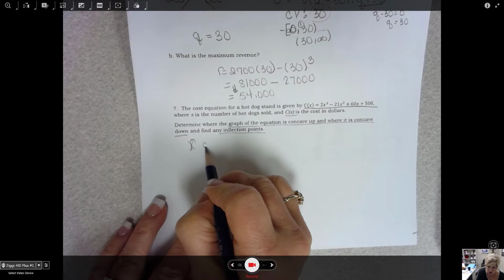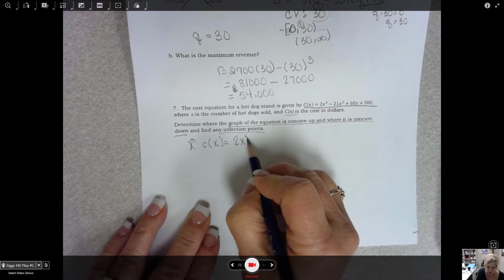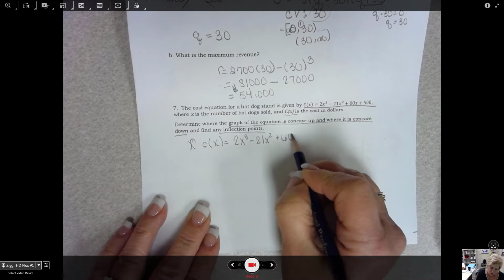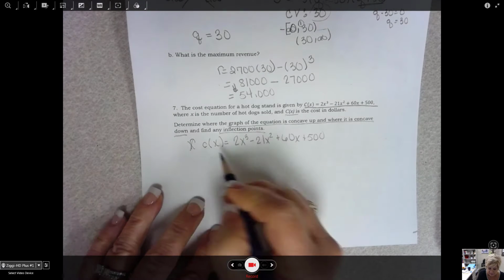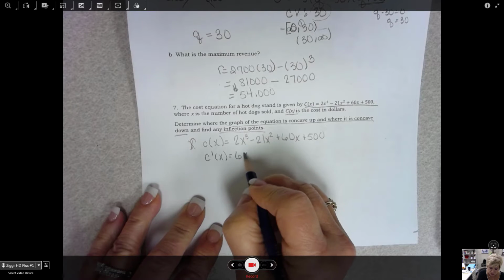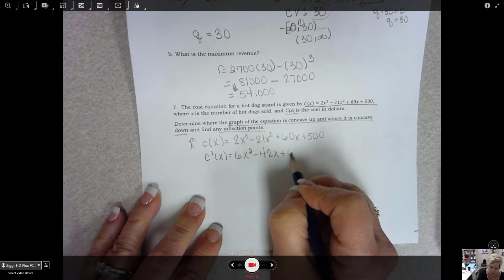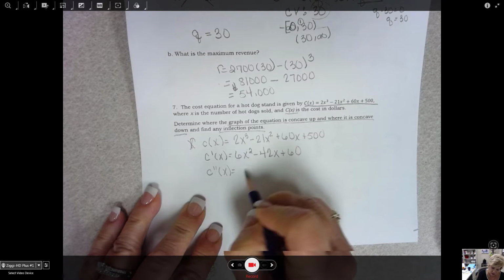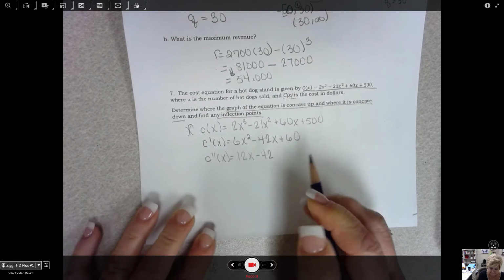My cost function, let me just write it over. And I need to find concavity. First derivative, we'll just scoot right through and move straight to our second derivative for concavity. 12x minus 42.